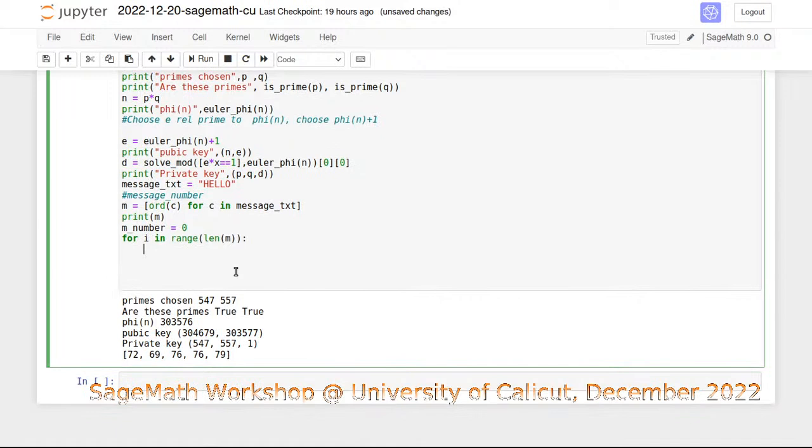If you start from the left side, it will be the 0th element.